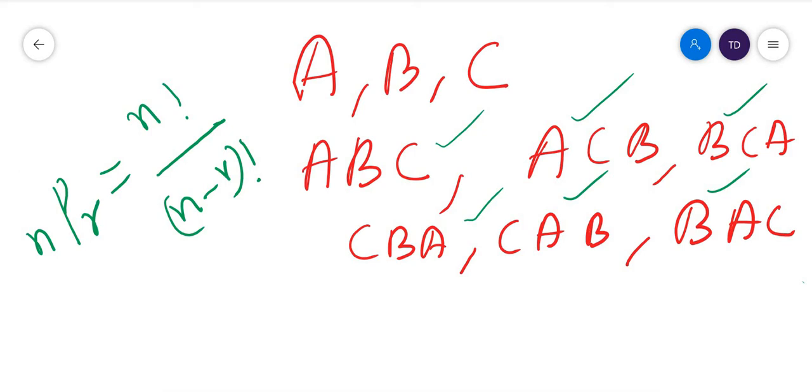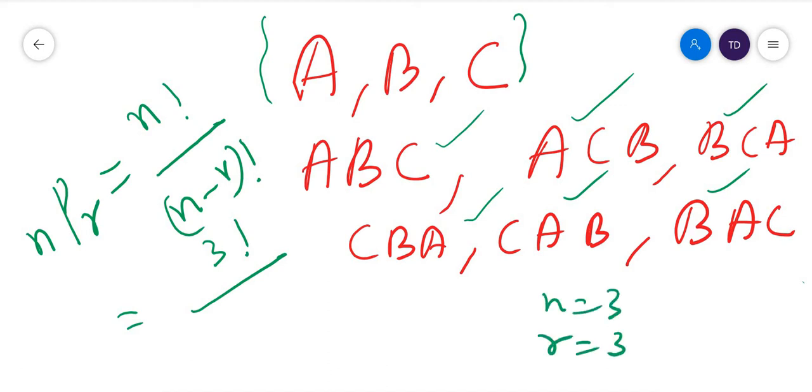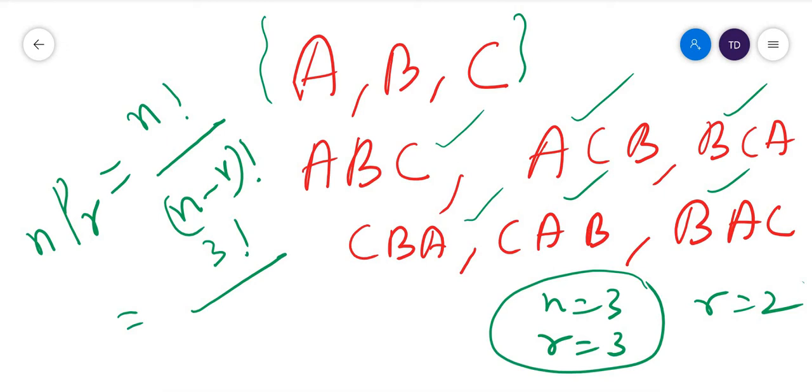Here n is the total number of elements in the set. In this set, it is 3. So 3 factorial divided by n minus r factorial. We are taking all at a time, so n is equal to 3 and r is also equal to 3. If we were taking 2 at a time, then r would be 2. Here the question says taken all at a time, so r is 3.